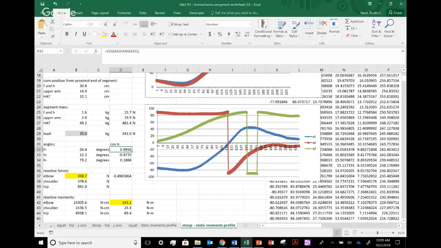It's important to convert that to radians. Most calculators will do that, or you could do it in Excel. So use this formula right here. I'll write it out. Equals cosine radians, and then whatever the angle is in degrees.